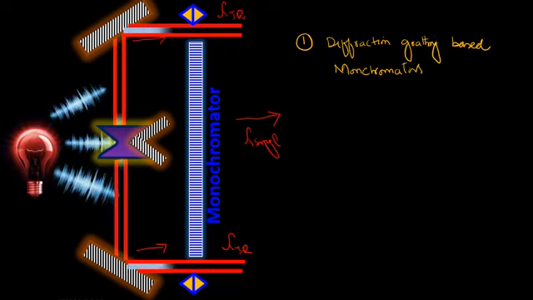A diffraction-based monochromator is a device composed of a diffraction grating. A diffraction grating is a slit which is divided into millions of parts, and these parts are equidistant.